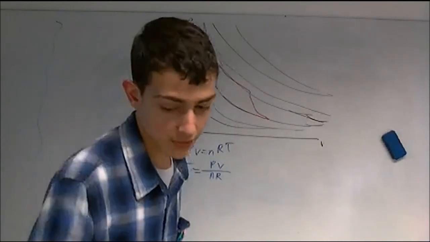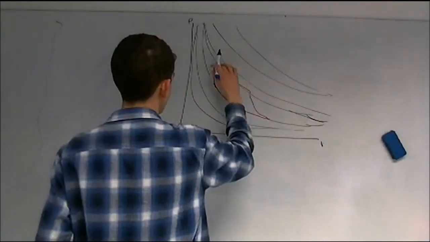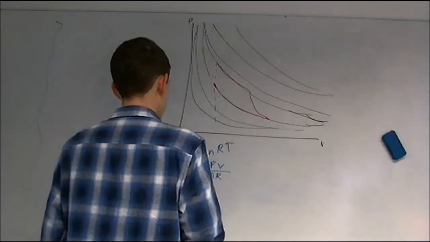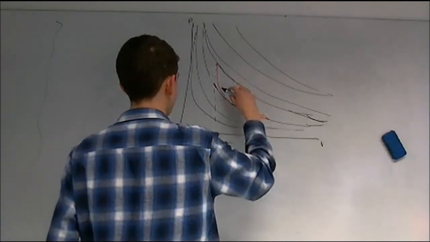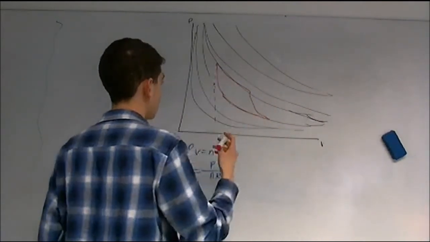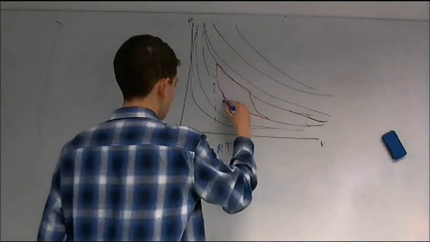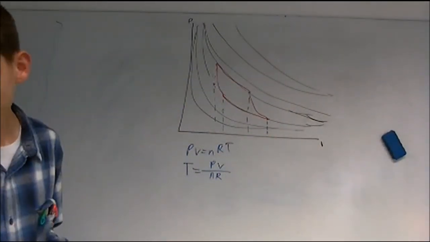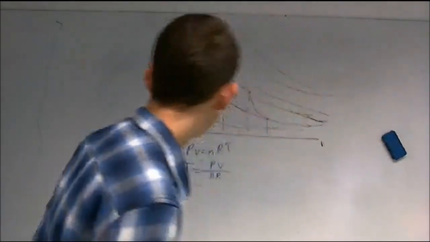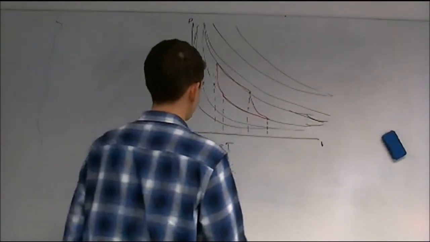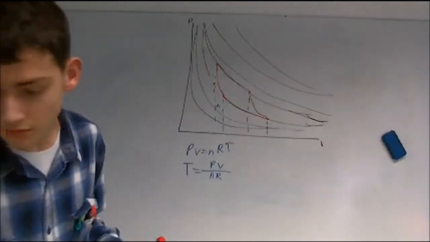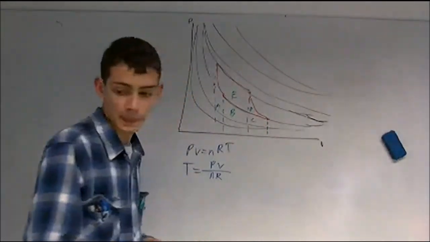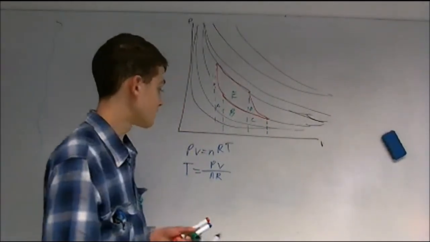Like in this example here, they split it up to show how much work is done at any point. It splits up between this, and it calls it A here, B, C, D, E. So like how much work has been done at any point in this.